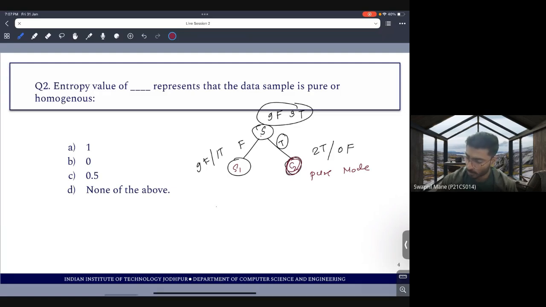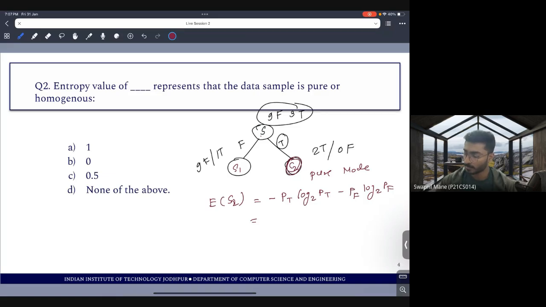How are we calculating the split 2 entropy? Entropy of S2 is equal to minus probability of T log base 2 of probability of T, minus probability of F, failed to study, log base 2 of probability of F, right?